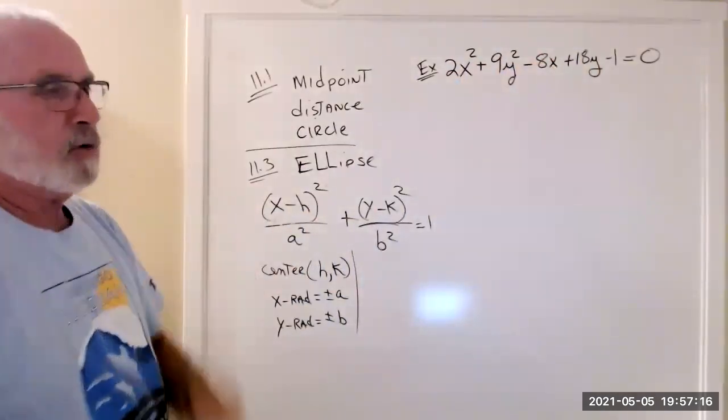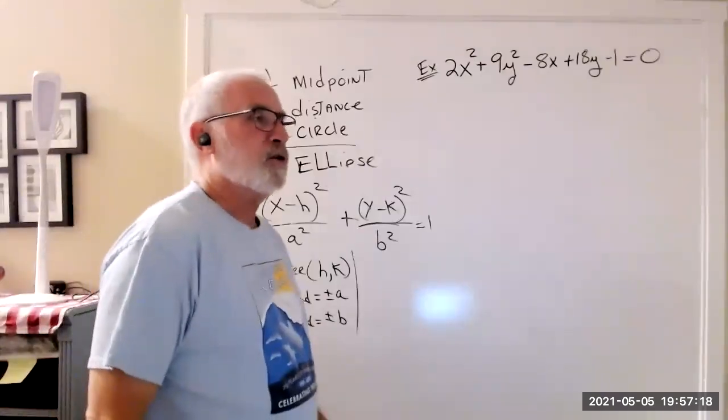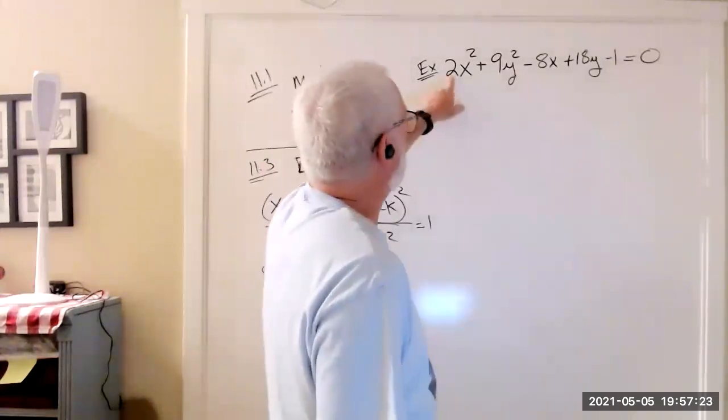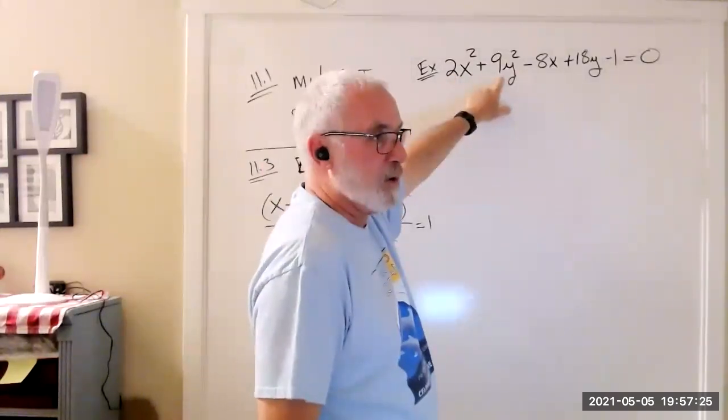Okay. For what it's worth, you can tell it's an ellipse because the coefficients of the x squared and the y squared are different.